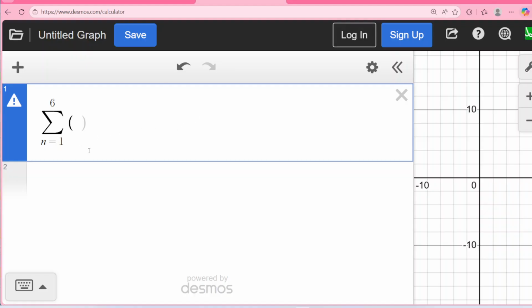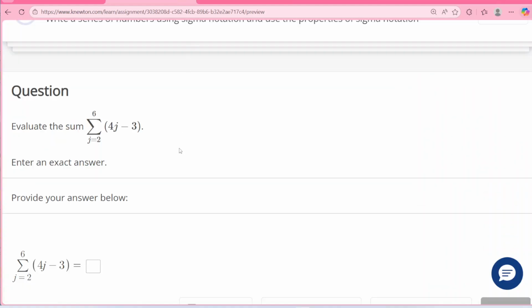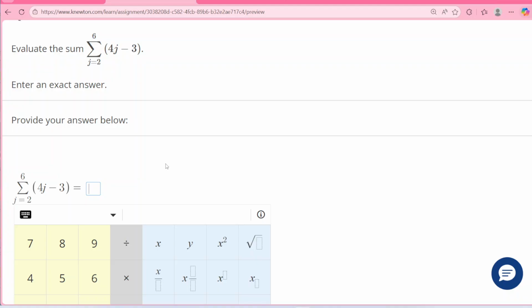Again, the index is going to automatically be n. So this was from n equals 2 to 6 of 4j minus 3, so I'm going to call it 4n minus 3. And you see again here, 65. So 3 different ways of doing it, showing that the answer has to be 65.